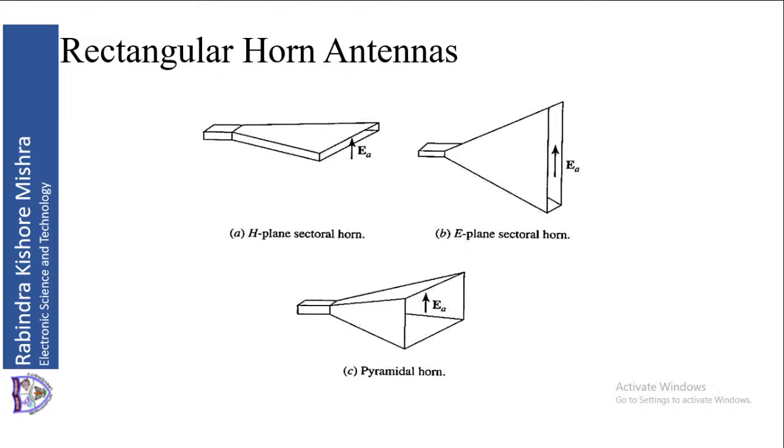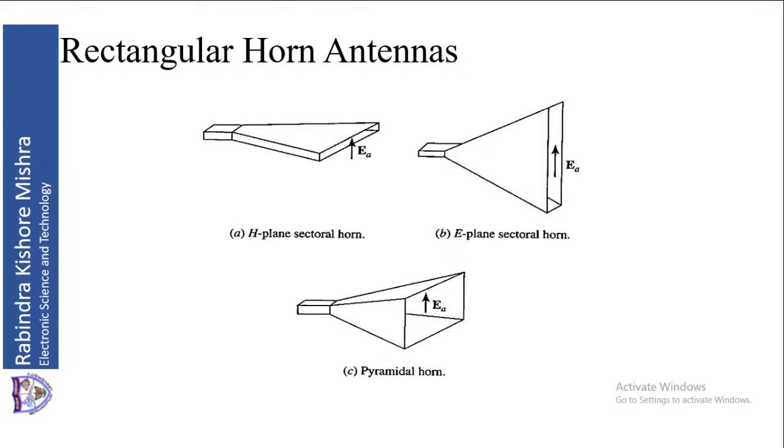On the aperture of the horn, the electric field is always oriented along the y-axis, because we are considering only the TE10 mode, the dominant TE10 mode. The horn antennas are designed in the dominant TE10 mode.